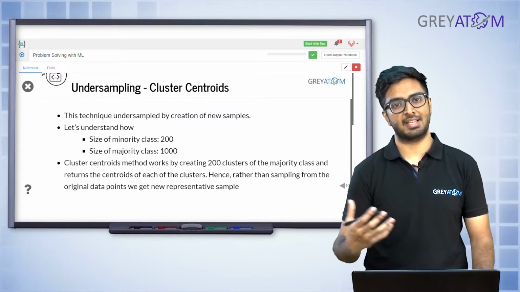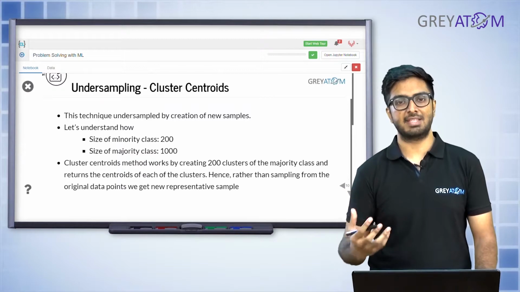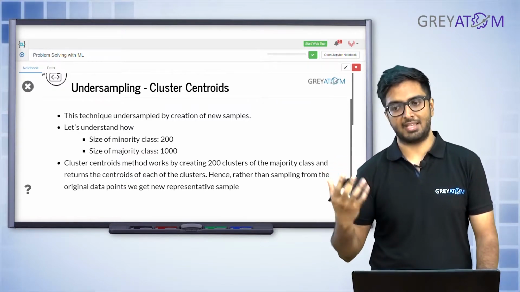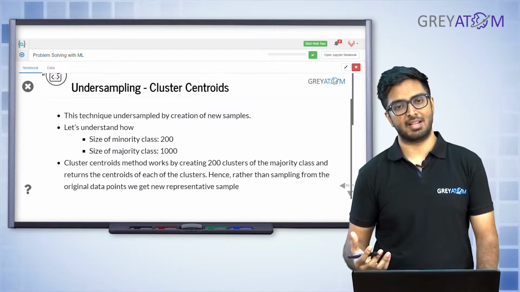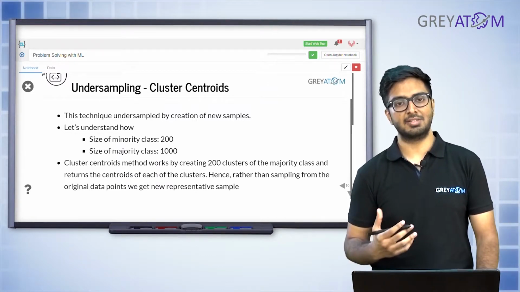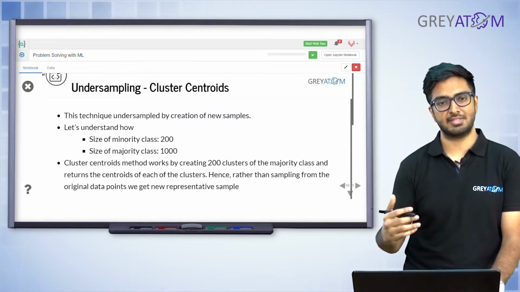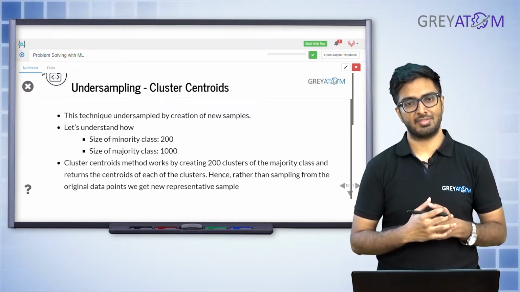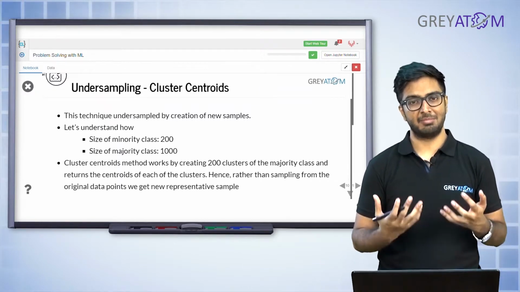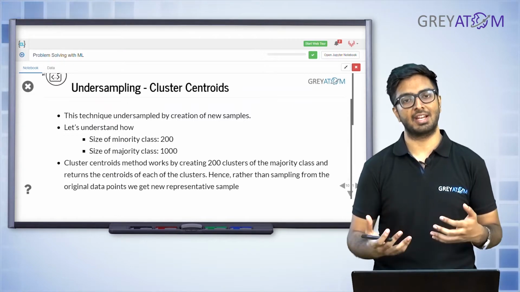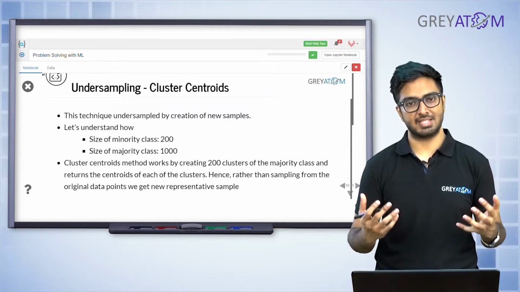There's a very high chance that you would be taking a mean of those negative samples. Please understand that you are changing the data. Earlier you were not really changing the data, just dropping off some rows. Here you would not only be dropping rows, because you are taking the mean of each cluster, you would be getting a very different data set. So just keep that in mind.